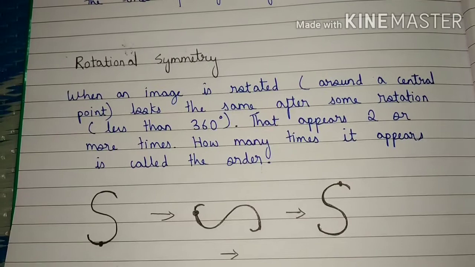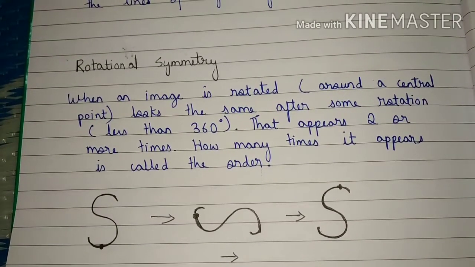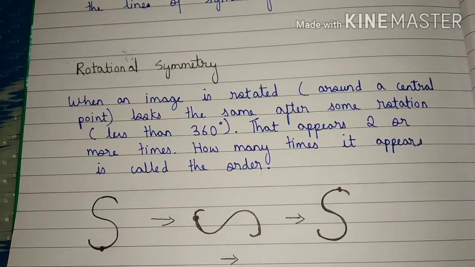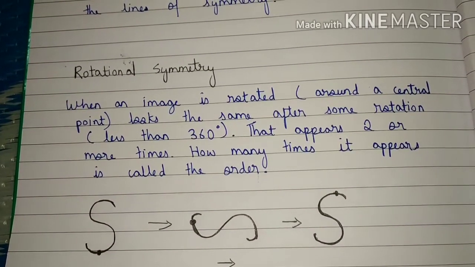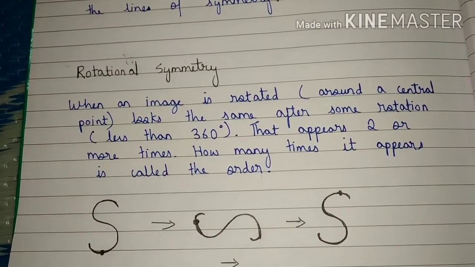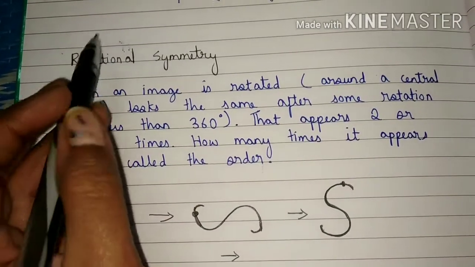Now students, when you rotate an image 2 times or more than 2 times, but less than 360 degrees, and after rotation you see that the image looks the same, then this type of rotation is known as rotational symmetry.